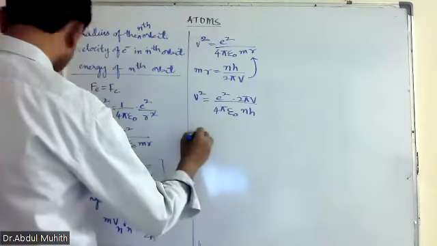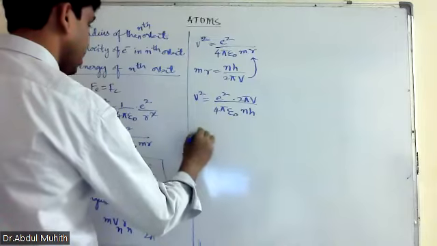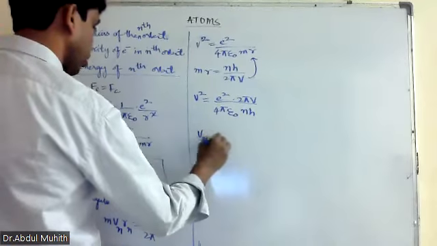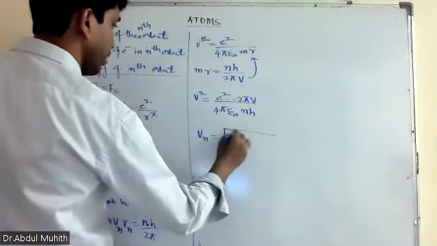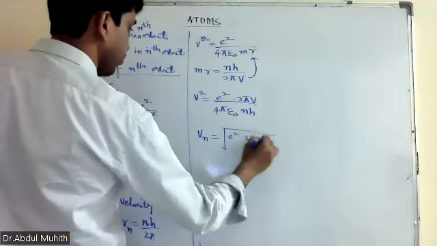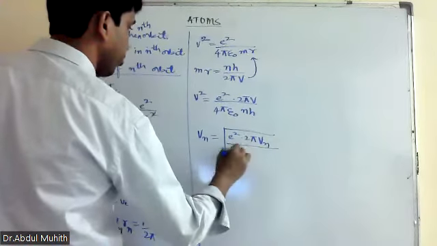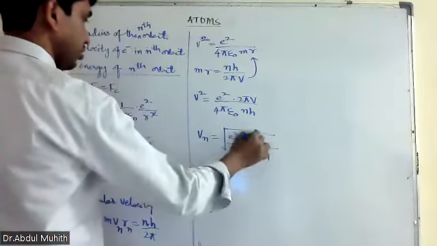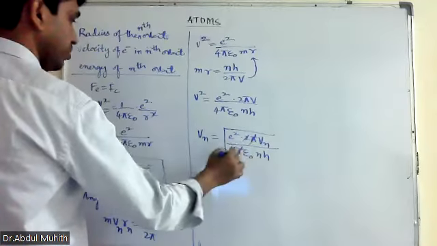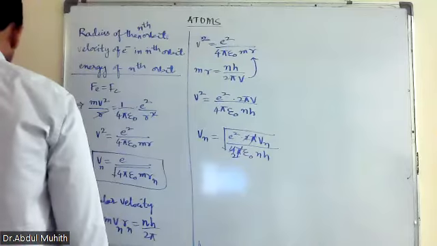So vn is equal to under root, e square into 2 pi v and 4 pi epsilon 0 into nh. This pi and pi will go away, and 2 remains.